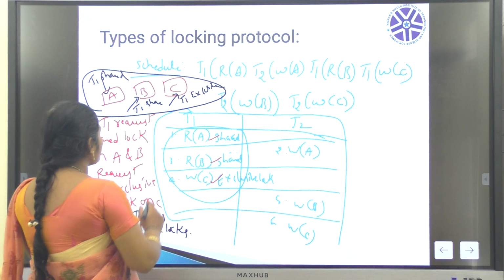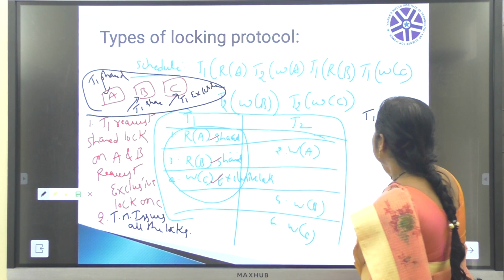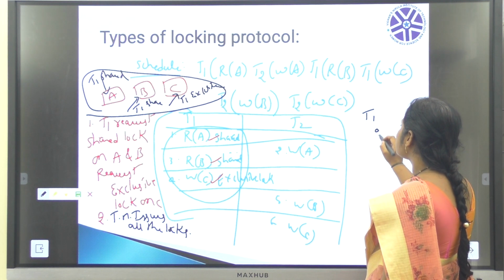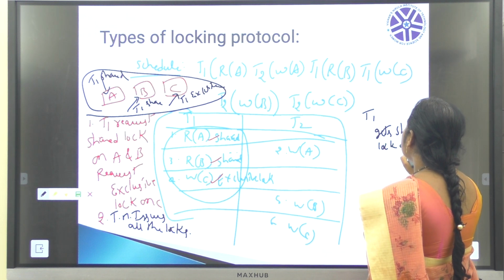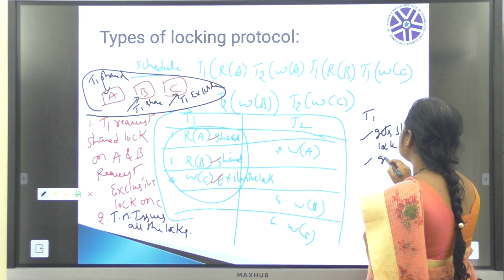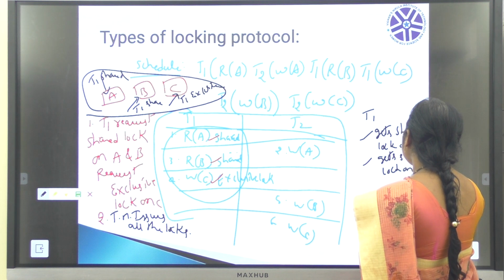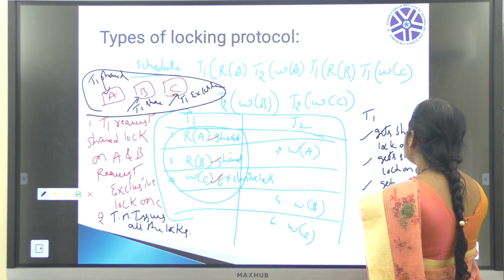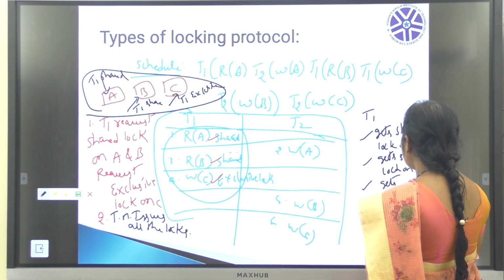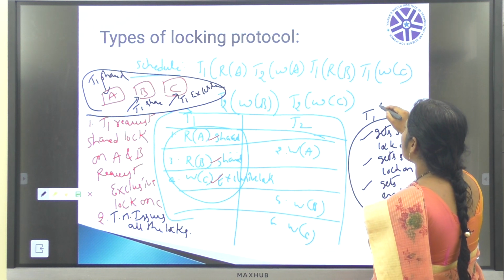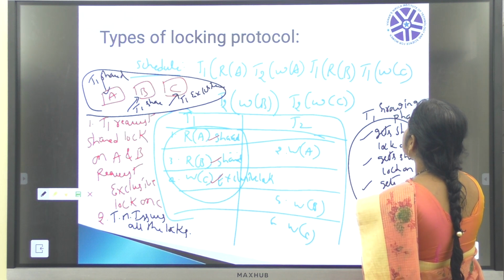Now T1 acquires all of its locks. Once it is getting the shared lock on A, shared lock on B and exclusive lock on C, the number of locks are increasing. It gets shared lock on A, next it gets shared lock on B, next it gets exclusive lock on C. The number of locks are increasing, so this phase is called the growing phase of your T1.